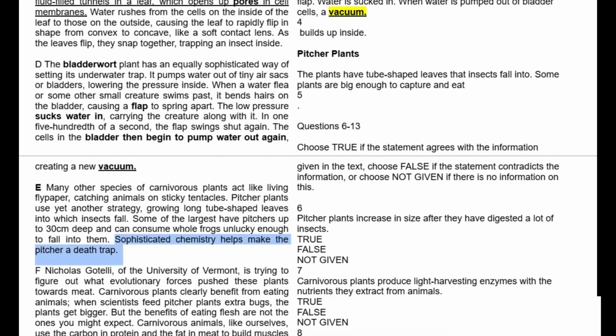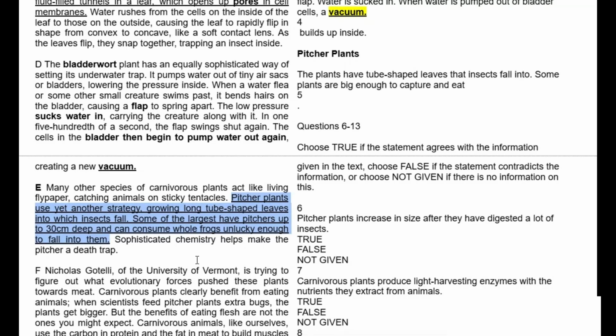So, this is about pitcher plants in paragraph E. Pitcher plants use yet another strategy, growing long tube-shaped leaves into which insects fall. Some of the largest have pitchers deep enough to consume whole frogs, unlucky enough to fall into them. So, pitcher plants have tube-shaped leaves, and insects that fall in are trapped.